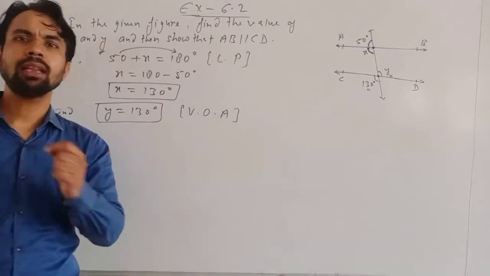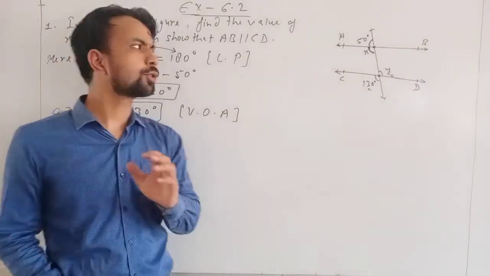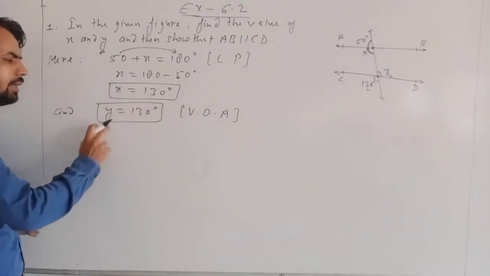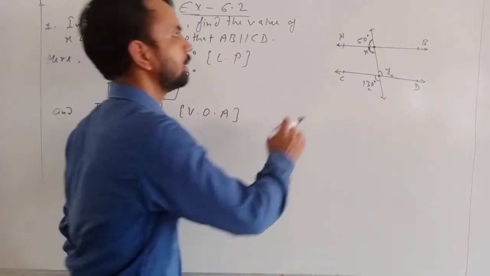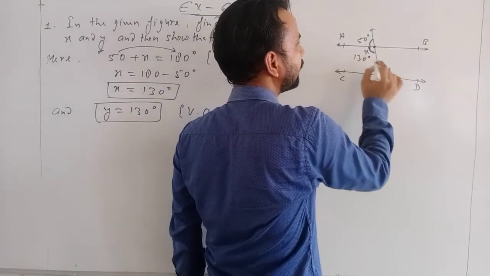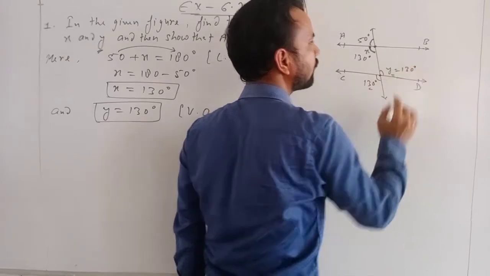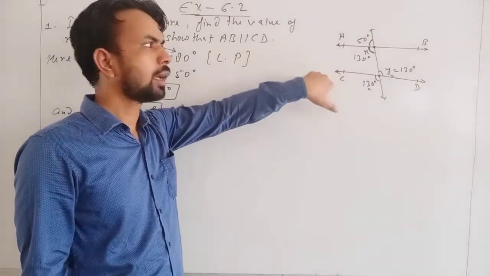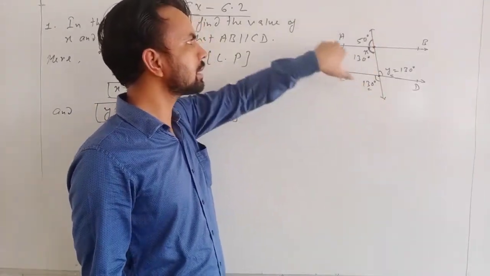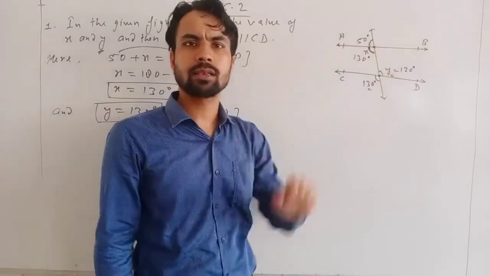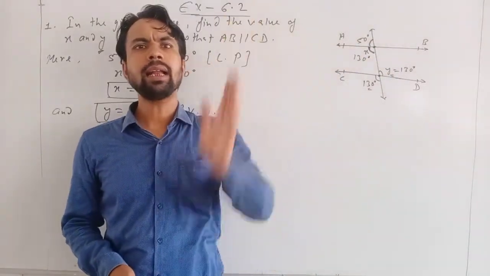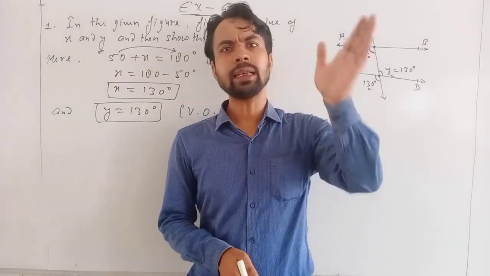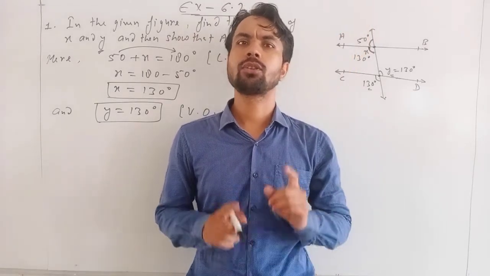Now, after finding the values of x and y, we will have to show AB is parallel to CD. Now see, beta, x is 130, y is also 130 degree. Now listen very carefully. AB and CD are two lines, and this line intersects these two lines at two different points. And we know that if an inclined line intersects two or many lines at different points, then that inclined line is known as transversal.